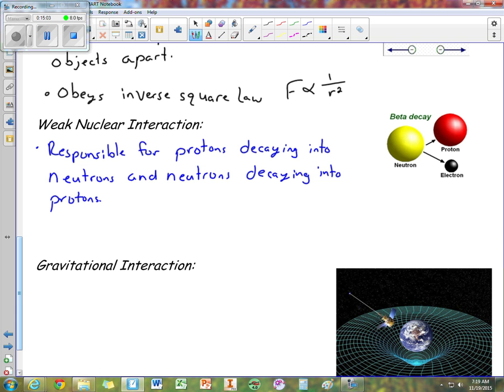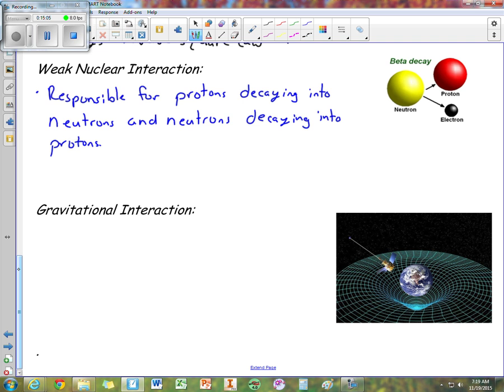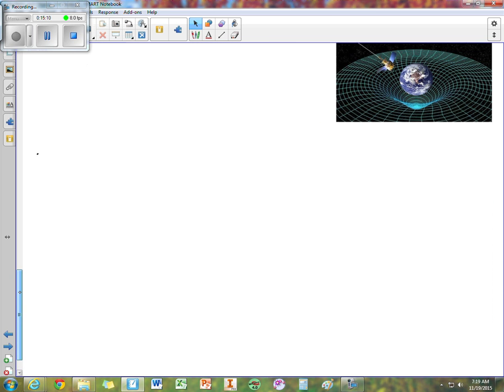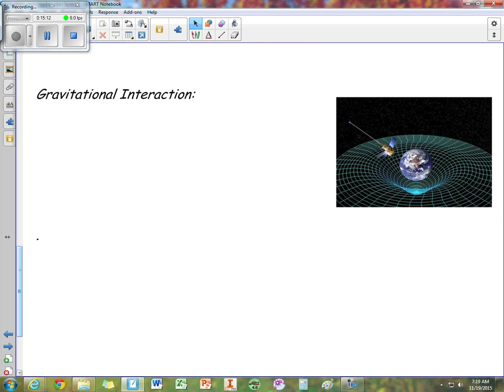And then finally, we have the gravitational interaction. Gravitational interaction is the weakest of the four, but it's a very long range force.